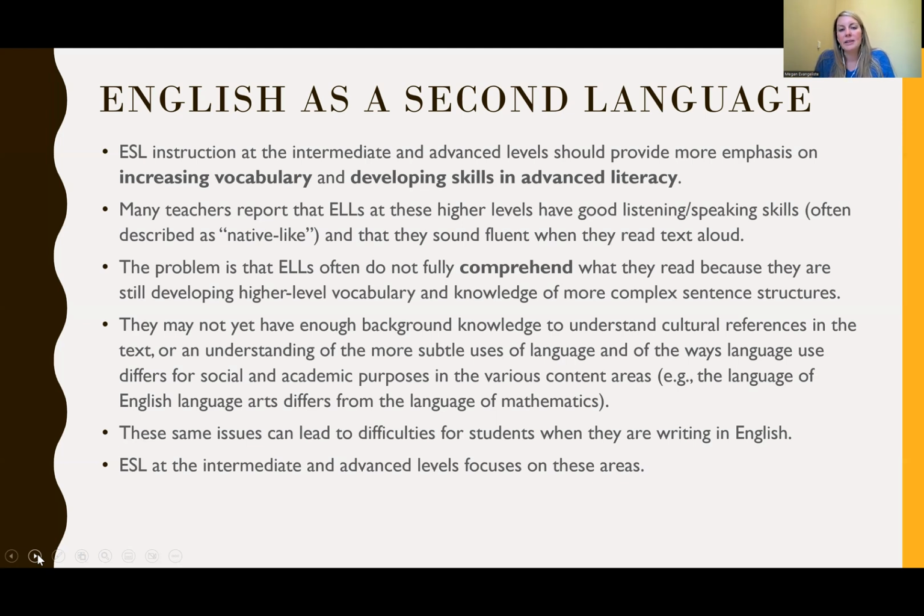The problem is that English learners often do not fully comprehend what they're reading because they're still developing high-level vocabulary and more knowledge of complex sentence structures. They might not have enough background knowledge to understand the cultural references in a text or understand the more subtle uses of language and how language differs for social and academic purposes.